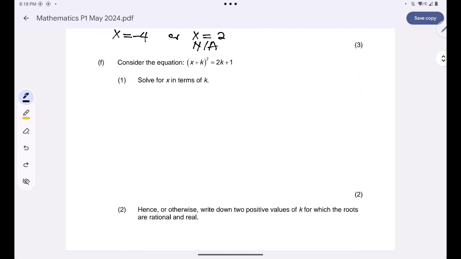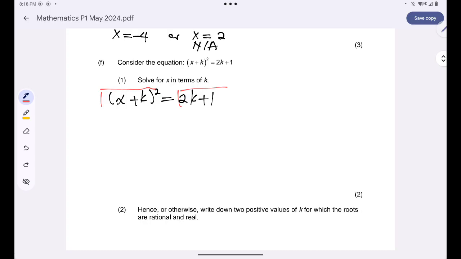Okay. F, I'm told to consider the equation, and I'm supposed to solve x in terms of k. I have the equation as (x + k)² = 2k + 1. I have brackets. I can remove the brackets, right? By doing what? By inserting the square root on both sides.